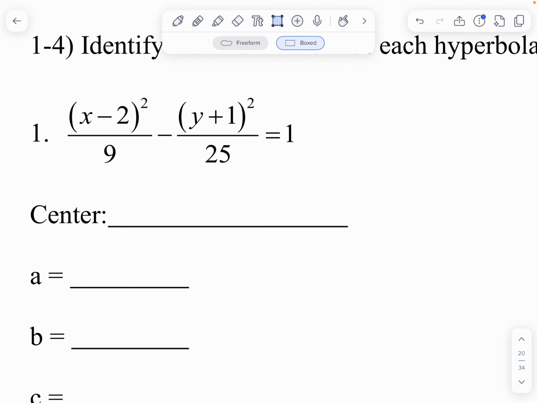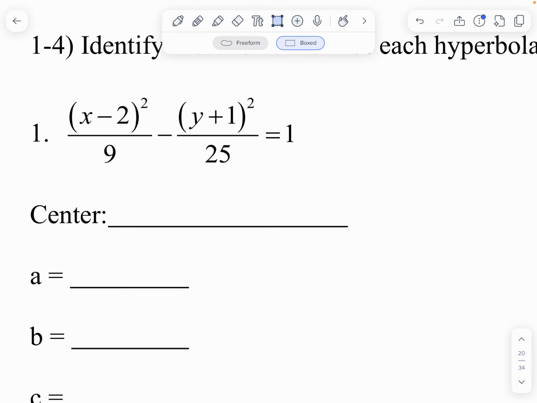Okay, for our first question, let's first understand what hyperbola it is. There are two types of hyperbolas: a standard horizontal hyperbola and a standard vertical hyperbola. To understand whether your hyperbola is horizontal or vertical, you have to look at what term it starts with.